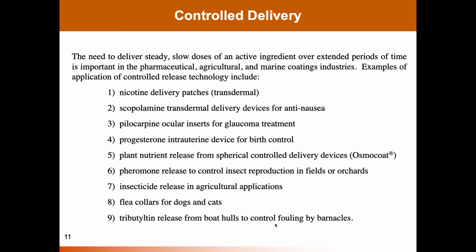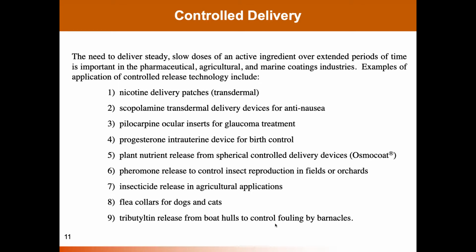Now we're going to start to talk about controlled drug delivery, and I should say active agent delivery, because it's not only drugs that are delivered this way. There are things like nicotine delivery patches that are used transdermally, scopolamine transdermal delivery patches that if you're prone to get seasick, you can put on.